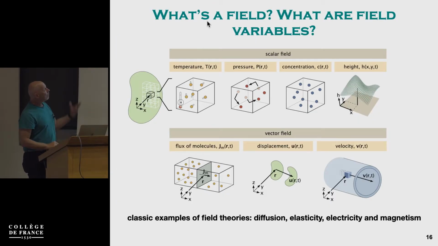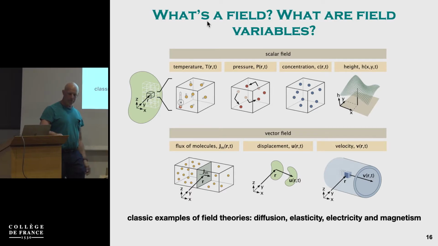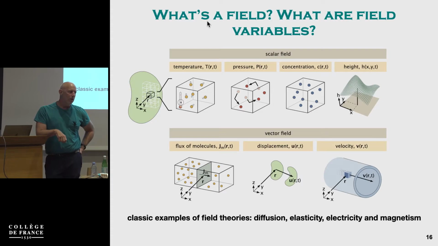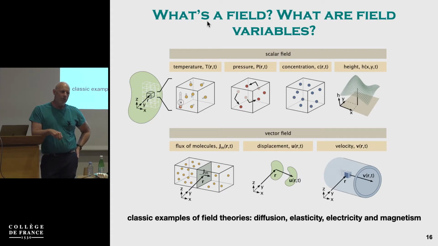So as I already mentioned, as far as field variables go, many of us are very used to scalar fields, the ones I show you at the top. This past week, I was down in the Mediterranean. I went swimming every day for about 50 minutes. And one of my true interests when I swim is I'm always very intrigued by changes in temperature.